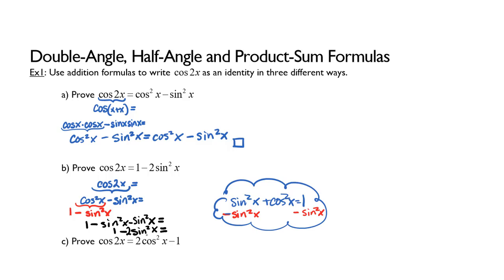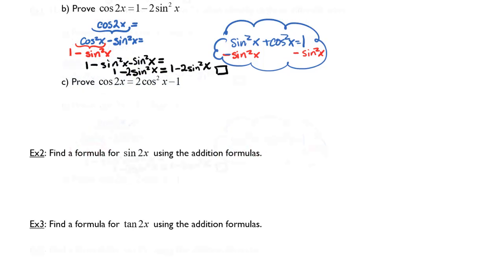And so the cosine of 2x is equal to 1 minus 2 sine squared x. And we have proven this to be true as desired. Let's look at prove cosine of 2x equals 2 cosine squared x minus 1.